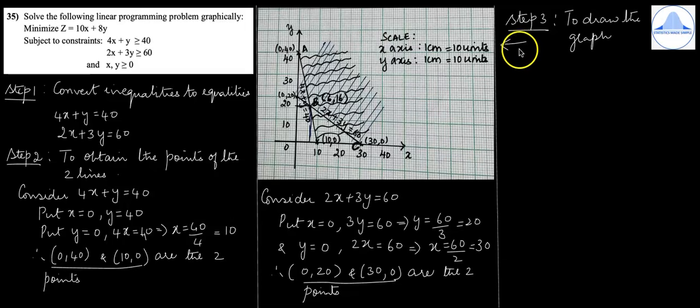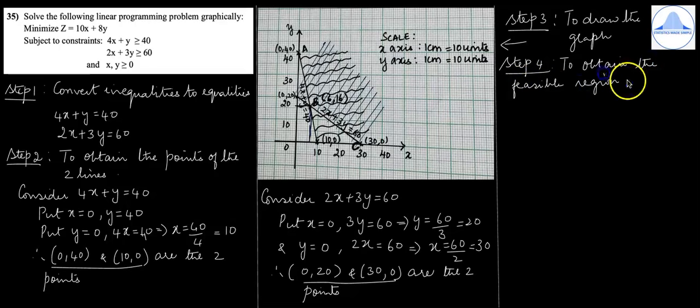Now the next step is to obtain the feasible region. So step 4, to obtain the feasible region. So now to obtain the feasible region, we should consider the inequalities which were given.